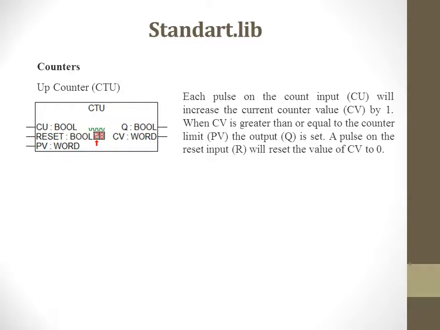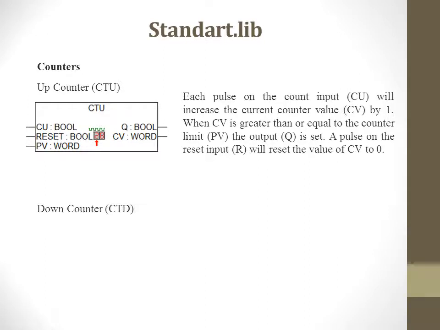Each pulse on the count input will increase the current count value by 1. When the CV output is greater than or equal to the counter limit, the output is set. A pulse on the reset input will reset the value of the CV variable to 0. Yes, it's very simple, but we need to discuss it.